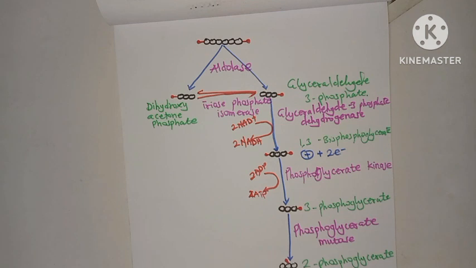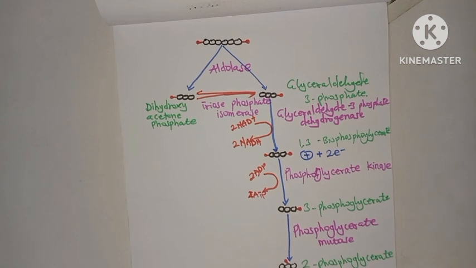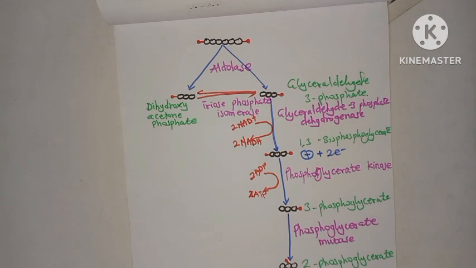This is catalyzed by the enzyme enolase. So the name of the enzyme that will convert 2-phosphoglycerate to phosphoenolpyruvate is known as enolase.